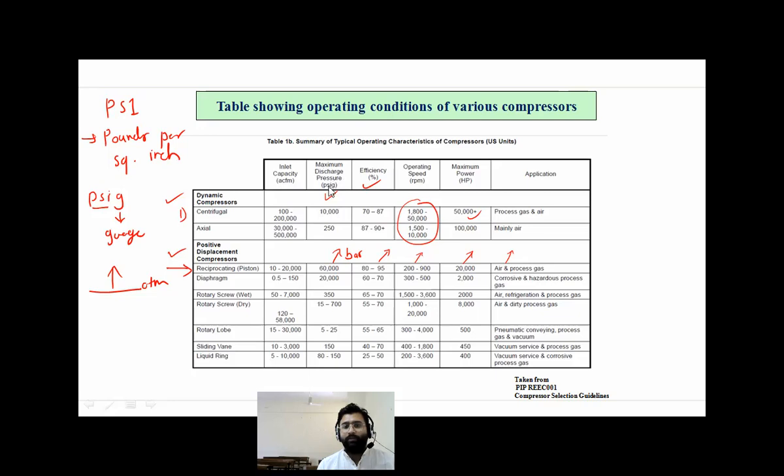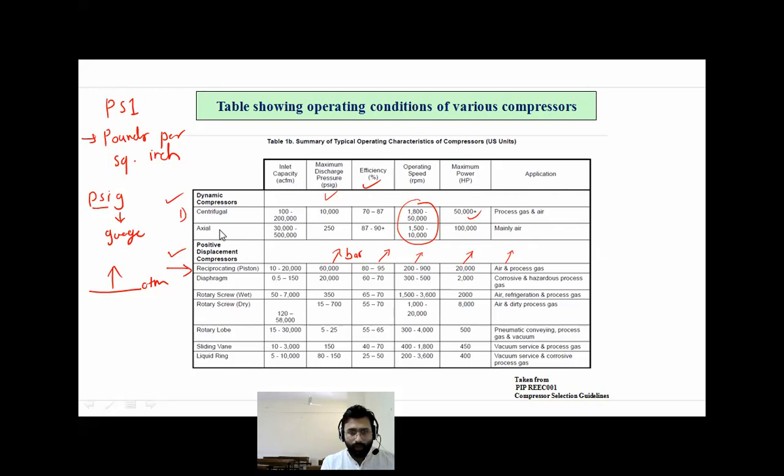Maximum discharge pressure is in PSIG, pounds per square inch gauge. So this is a gauge pressure, not absolute pressure. Then volumetric efficiency is given, operating speed in RPM, maximum power required to drive the compressor, and the application where the compressor is used. So let us go one by one.